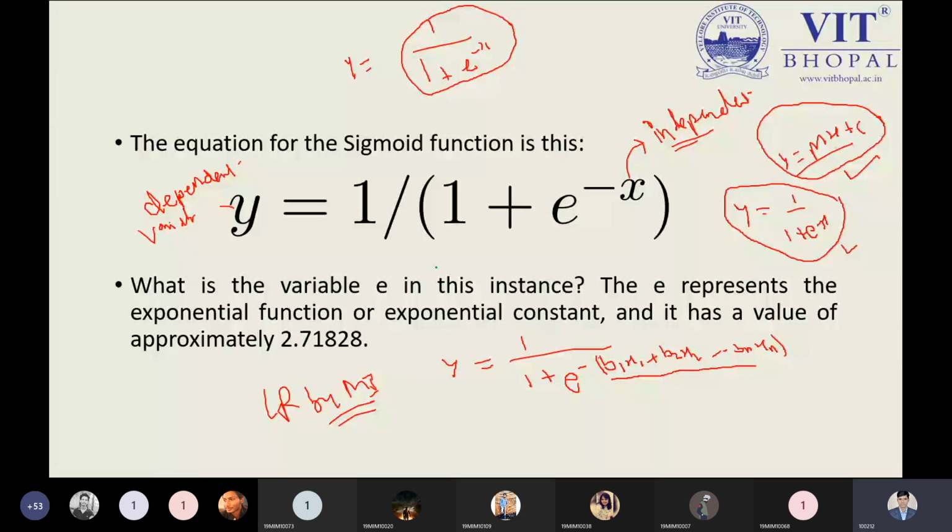It is the most useful sigmoid function by which we can calculate everything properly.